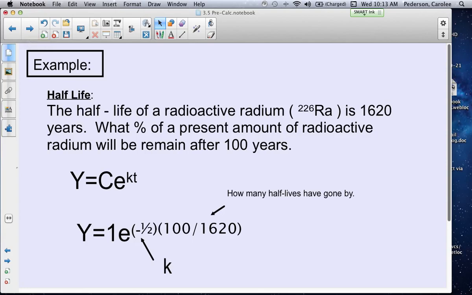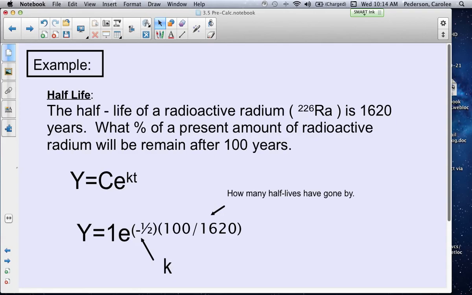So it takes 1620 years for it to decrease by half. So we haven't gone very far. We've gone 100 years out of 1620 years for it to decrease by half. So will my percentage be high or low? How much will I have still in radium?